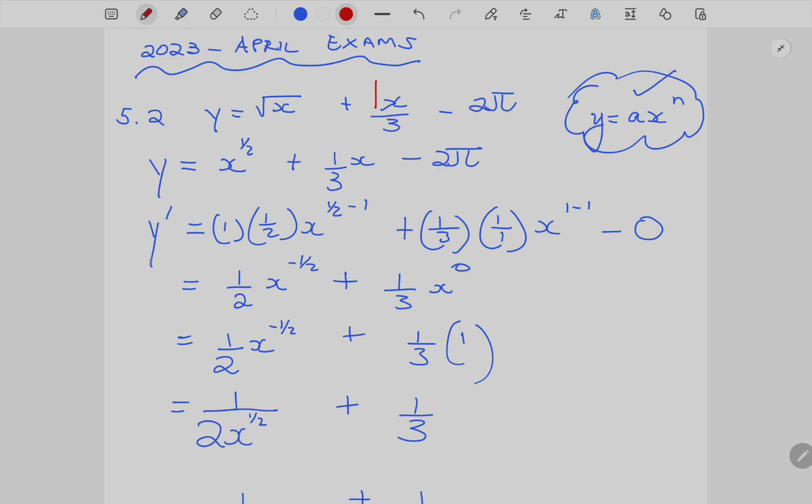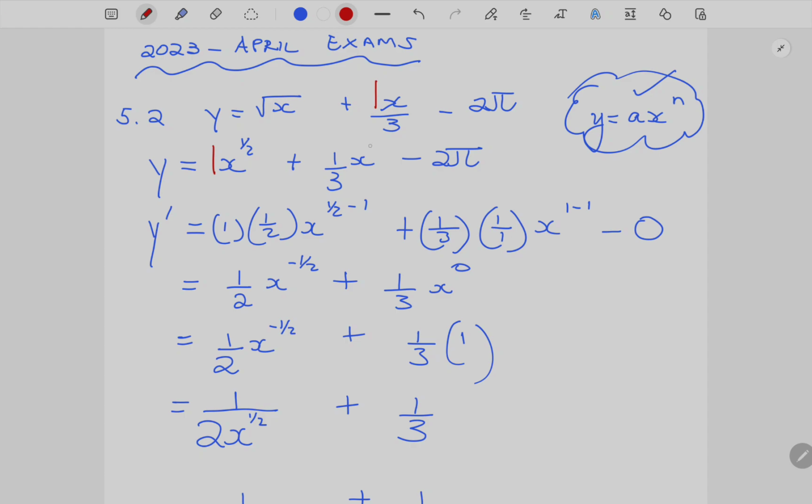Remember, for the coefficient of x, if it's not written, it is an invisible 1 there. So when you differentiate, we're going to say 1 times 1 over 2 x to the power 1 over 2 minus 1, plus 1 over 3 times 1 over 1.